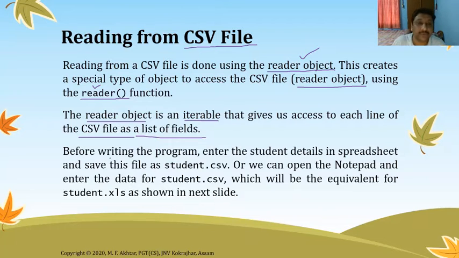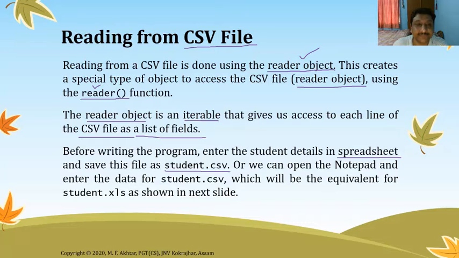Now see, before writing the program, enter the student details in a spreadsheet and save the file as student.csv. First, we have to open spreadsheet software, for example Microsoft Excel, and create a student.csv file.